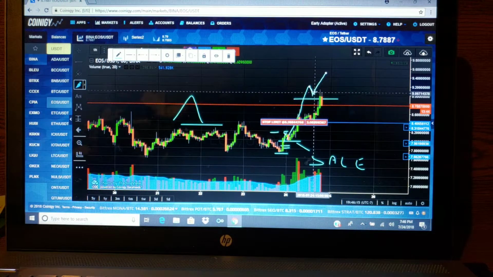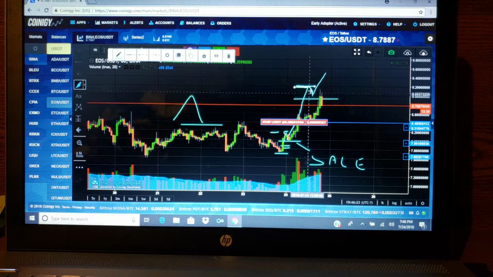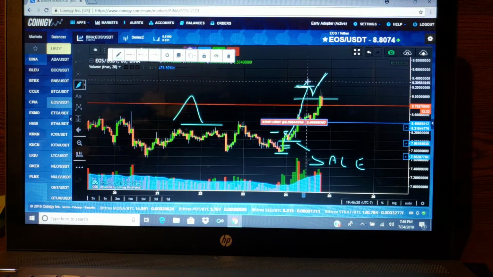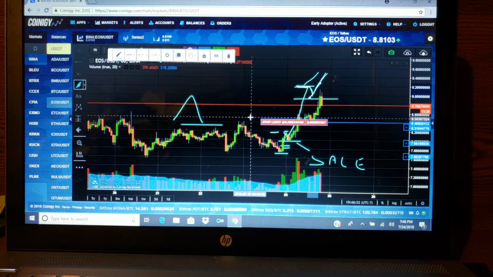Now once price moves past there, because remember this is where your price would have stopped following, this will continue to follow it, and then this will follow up behind it.